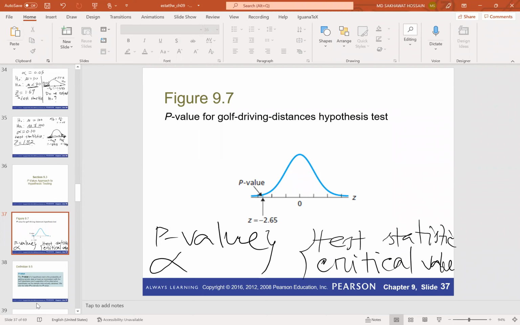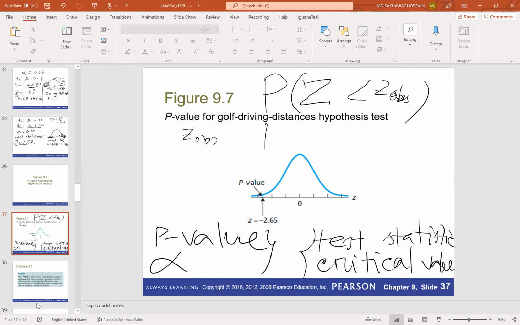So how do we calculate the p-value? We can calculate z observed, or z test, the test statistic, for the left tail, the right tail, or both tails. For the left tail test, the p-value is the probability of z less than z observed, the test statistic. This is called z OBS, z observed.